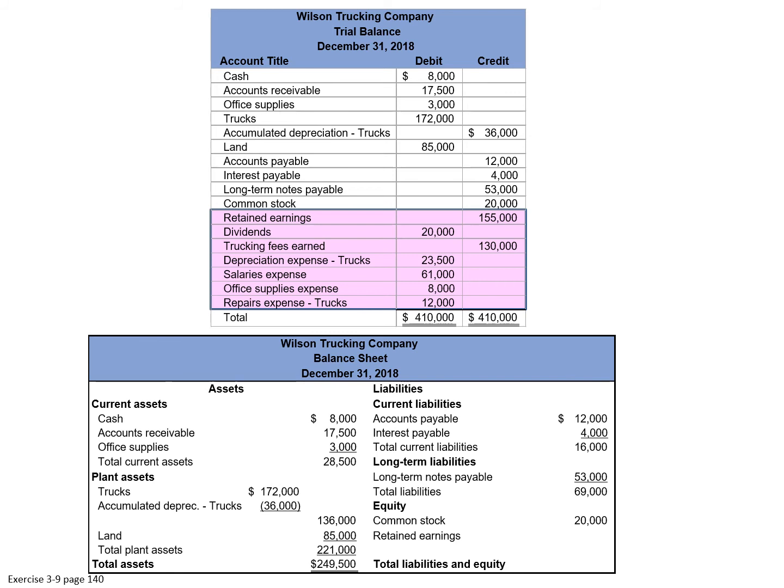So we know we start with 155, less our dividends, plus our revenue, less our expenses. That's our expanded accounting equation, right? If you remember that. So if you sum all those debits and credits, you end up with a net credit of $160,500. And then you have total liabilities and equity of $249,500. You're in balance.